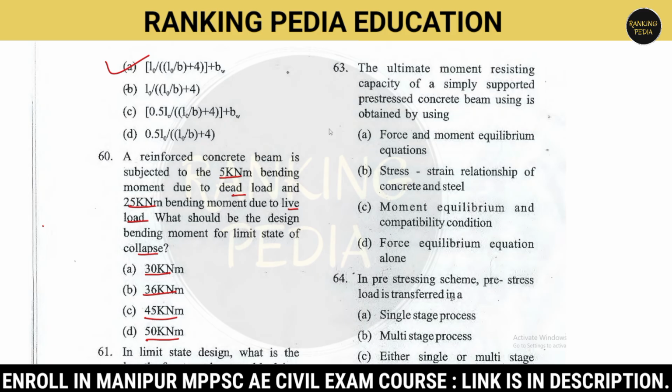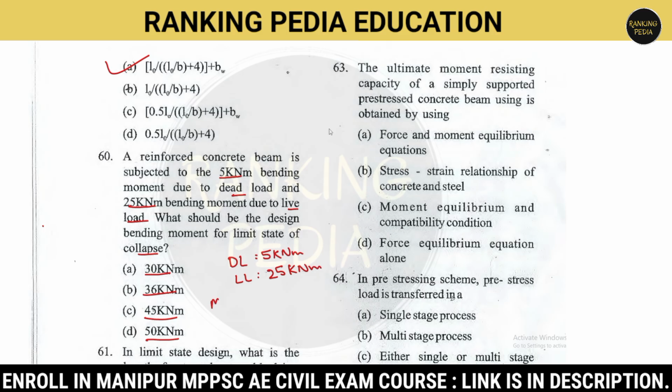So the moment due to dead load, denoted by DL, is given as 5 kNm, and the moment due to live load, which we will denote by LL, is 25 kNm. Now we have to calculate the design bending moment.